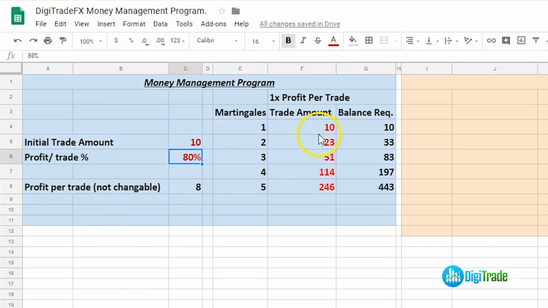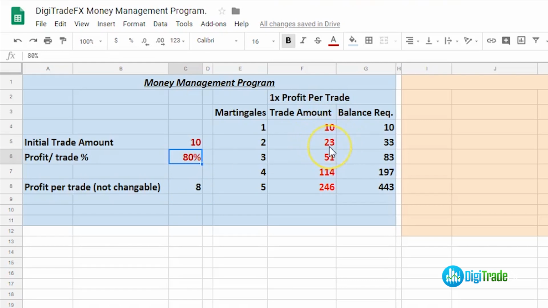On this side, my first trade size is 10. If I lose that trade, I want to recover that loss plus the initial profit. This tells me my second trade needs to be for $23.